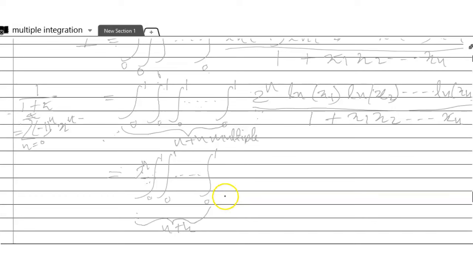So I apply this formula. It is better not to write n here because n is already used, so it is k: minus 1 to the power k, x1 x2 up to xn whole to the power k.